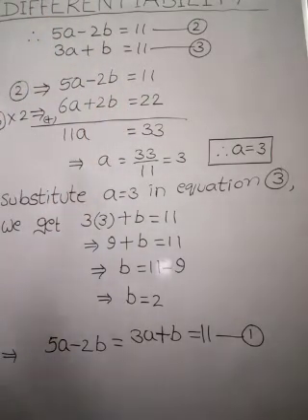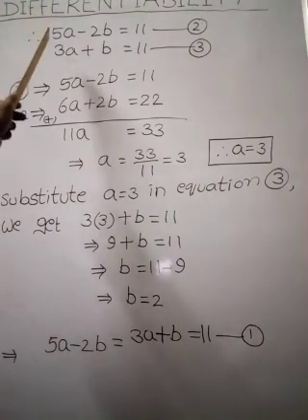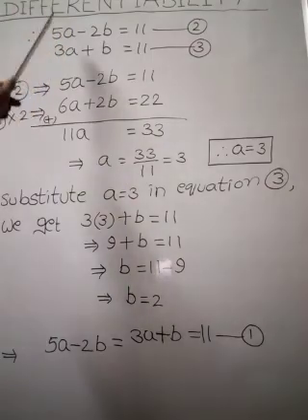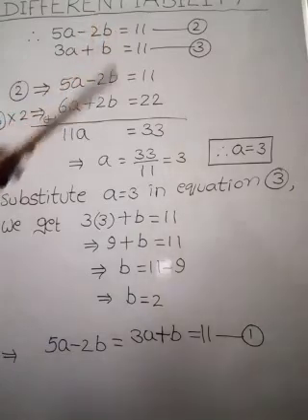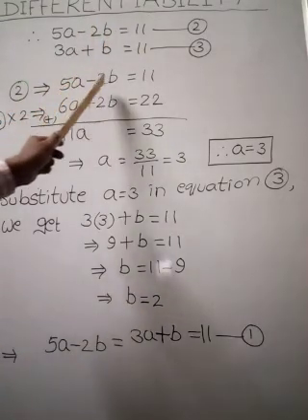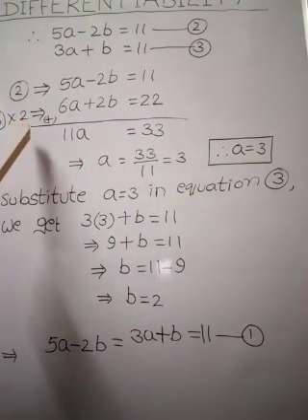Right. If you observe, these two equations are linear equations in two variables a and b. So we have to solve them for finding the values of a and b. So I wrote the second equation as it is, 5a minus 2b is equal to 11, and I multiplied the third equation by 2.